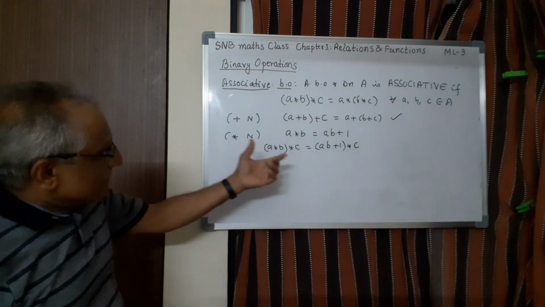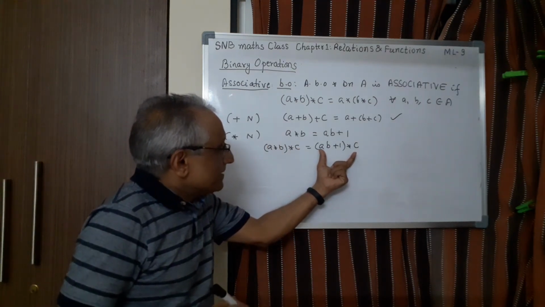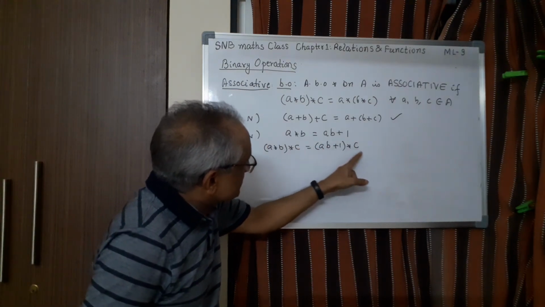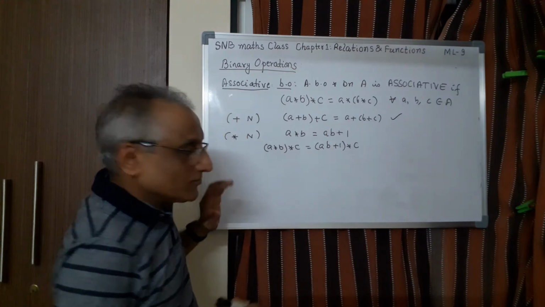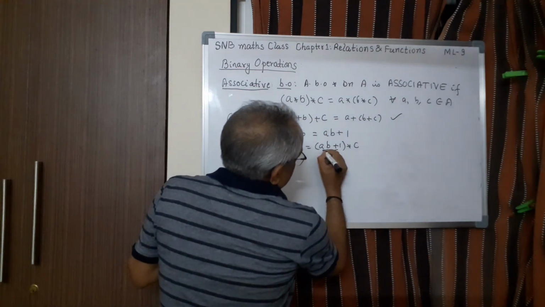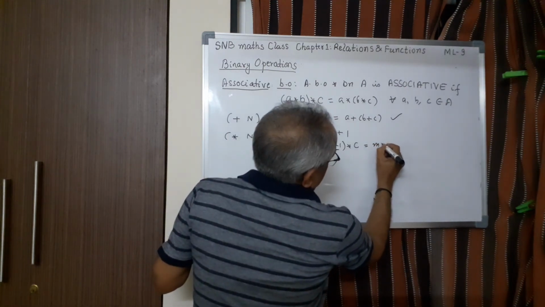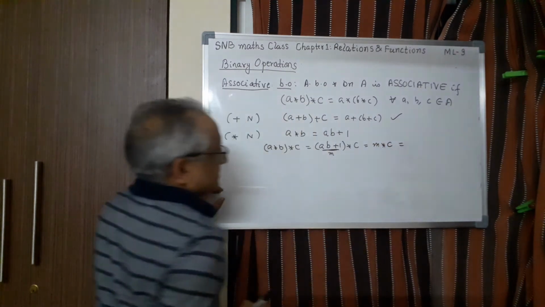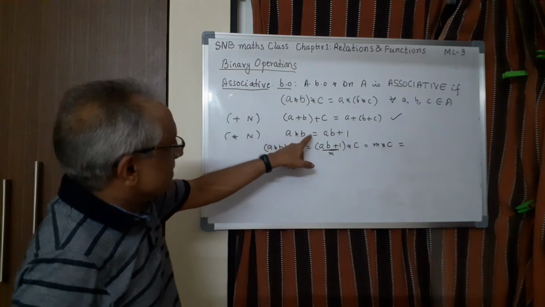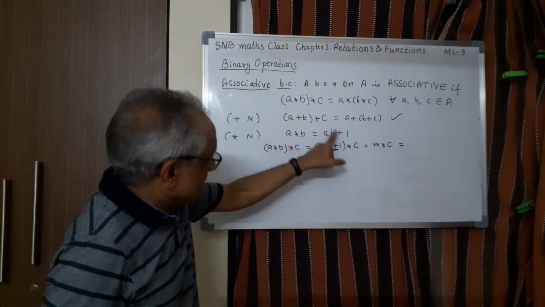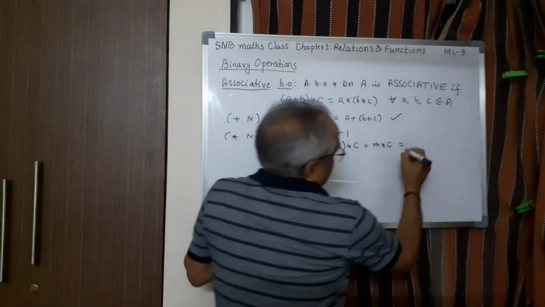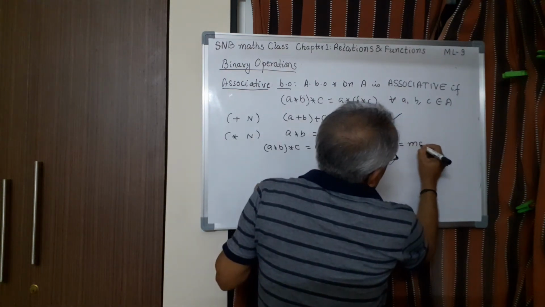Whenever you are having this type of expression, sometimes it is difficult for us to apply directly. So what you do is, you take this as, say, M, so that this will be M star C. Now A star B is AB plus 1, so M star C is MC plus 1.